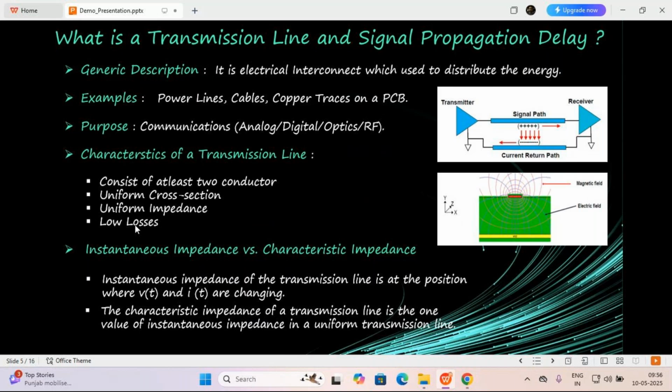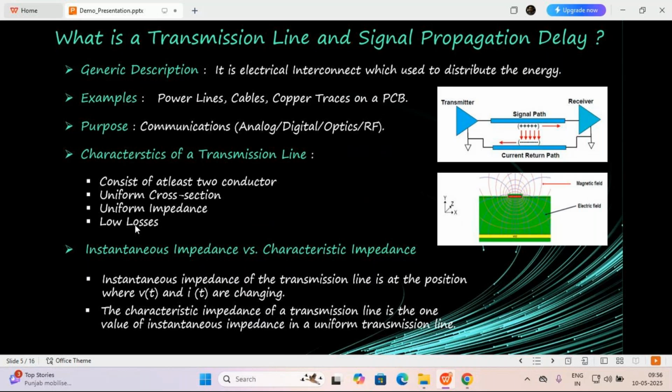Okay, and the characteristic impedance of a transmission line is the one value of instantaneous impedance in a uniform transmission line. So once your transmission line is uniform, then whatever the value of instantaneous impedance throughout the transmission line becomes your characteristic impedance. So in general we have 50 ohm, 35 ohm, 75 ohm.